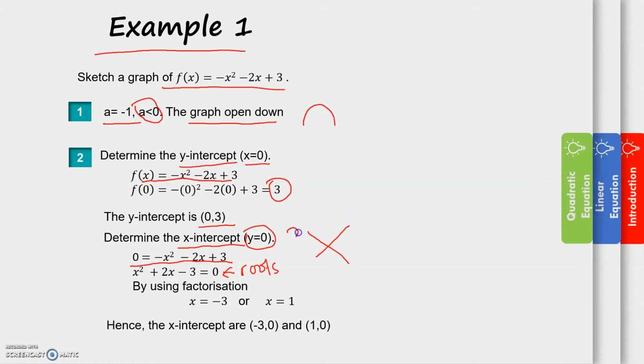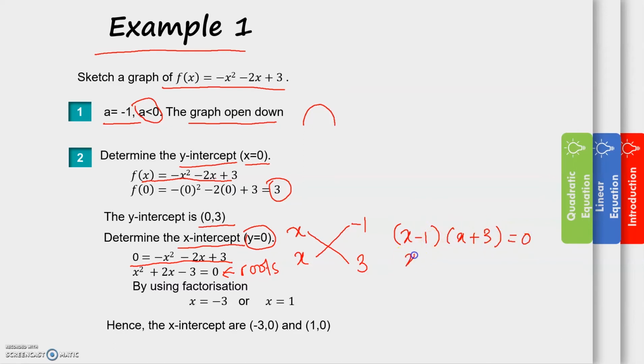That is, we have x times x, so we get x squared here. And for this one, we have negative 1 times 3. When we multiply both values, we get -3. When we factorize, we have (x minus 1)(x plus 3) equal to 0.